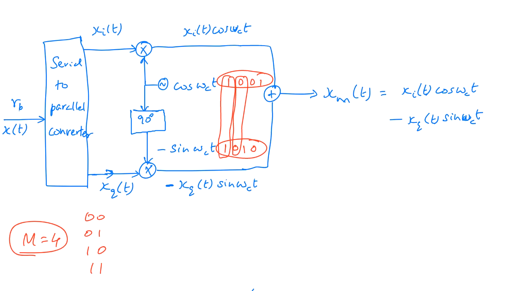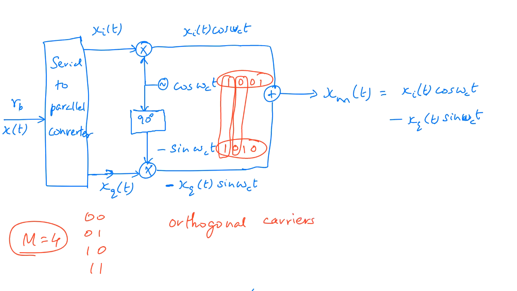Now, the beauty of this is that the carriers are 90 degrees phase shifted with respect to each other. So we call these 90 degrees phase shifted carriers orthogonal carriers.